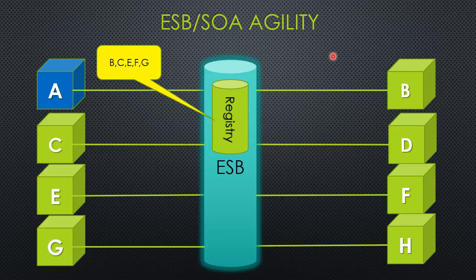Plus, I need to do a regressive test, I need to do all of those things. Guess what? SOA enables you to change the flow of an application from one atomic service to another and from composite services to another without any code changes. I don't have to change any code.